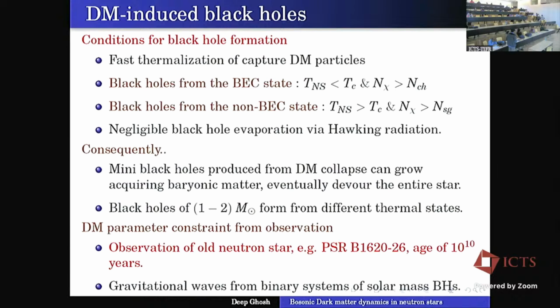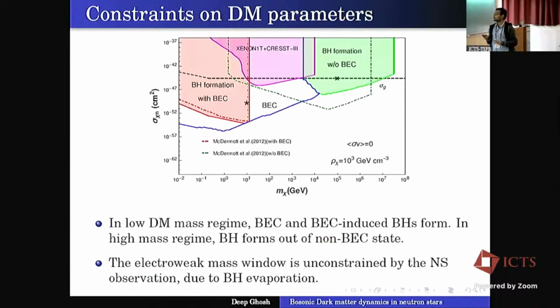So I need a very dense dark matter region and a very old neutron star to constrain the parameter space here. The older the neutron star and the denser the dark matter region, the stronger the constraint we would get on this sigma chi-n.